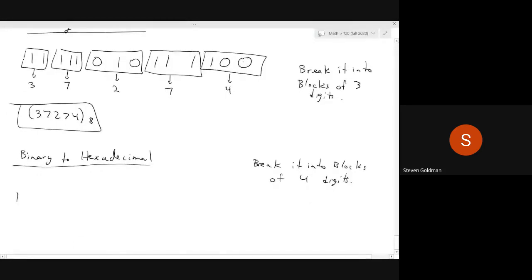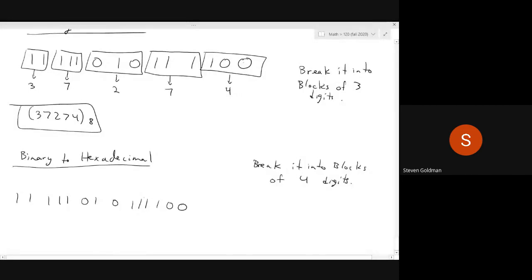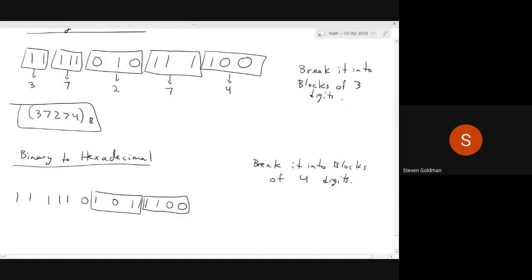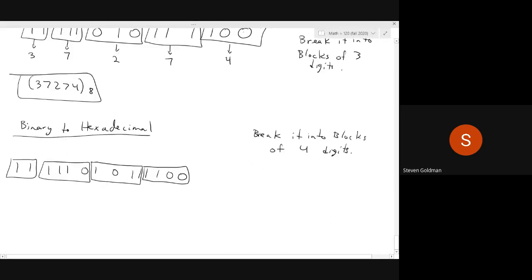So I have the number 1 1 1 1 1 0 1 0 1 1 1 1 0 0. I break this up into blocks of 4 digits, and then I've got the 2 extra ones at the beginning. And then I'm going to convert each block into the number that it represents, and each block will be a number less than 16.